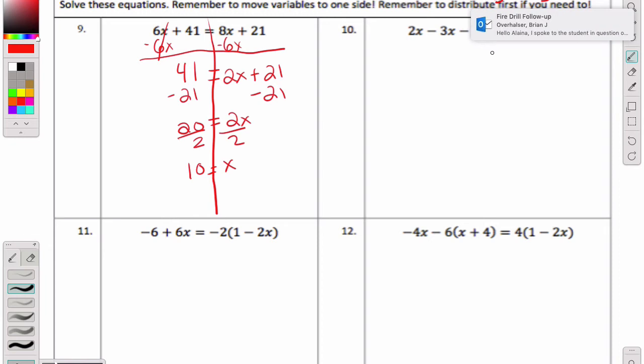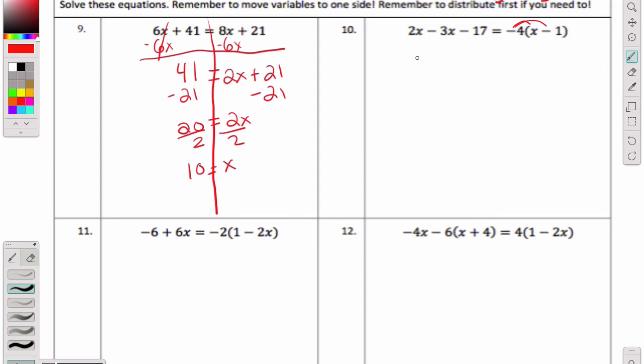Right. Then this one I'm going to take a little bit more time with, since we have 2x minus 3x minus 17 equals negative 4 times x minus 1. So I'm going to do my distributive first, because I don't like seeing that.